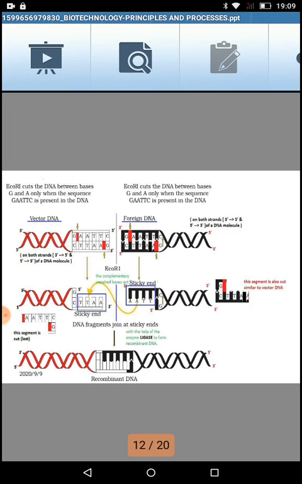Similarly, on the second strand also, it's going to cut between G and A. Here also it's going to cut between G and A. Like in the diagram you can see, the upper one is cutting between G and A, and below also it is cutting between G and A.